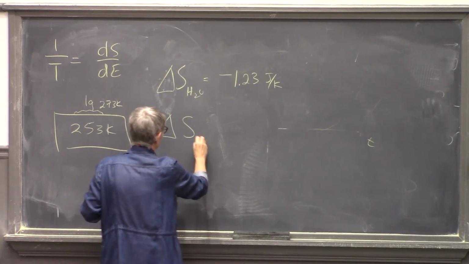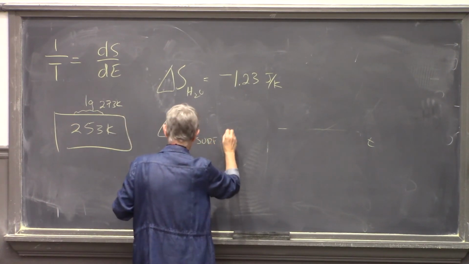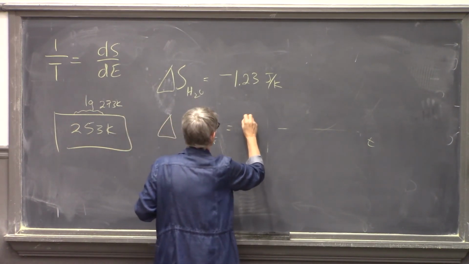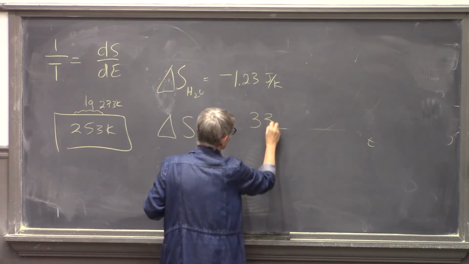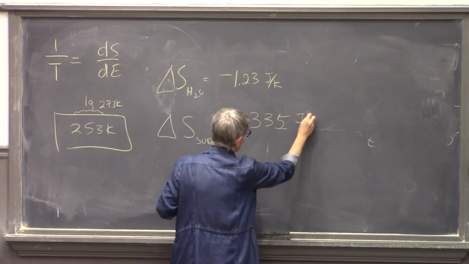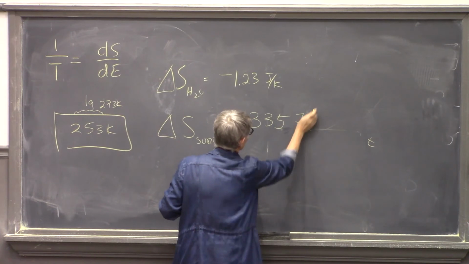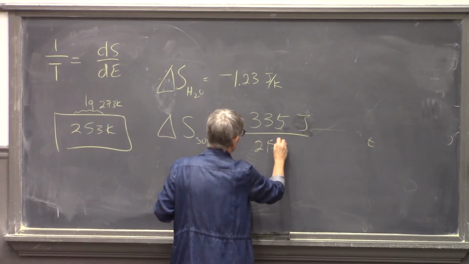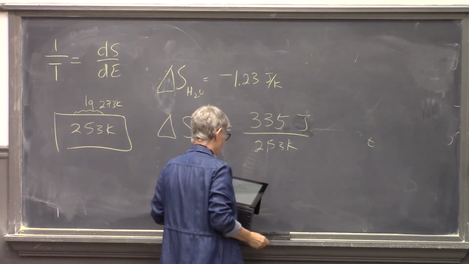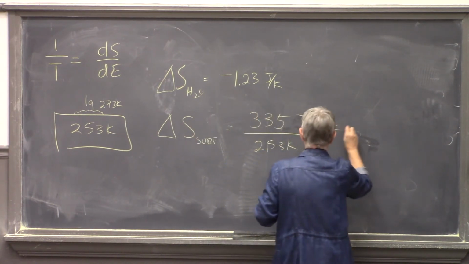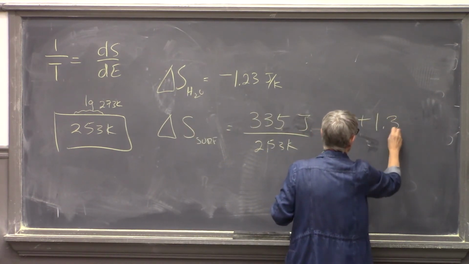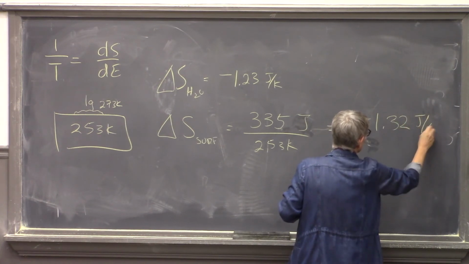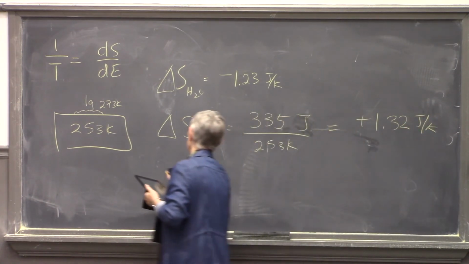The entropy of the surface is, it gains 335 joules, but it's at 253 Kelvin. And so that comes out to a plus 1.32 joules per Kelvin.